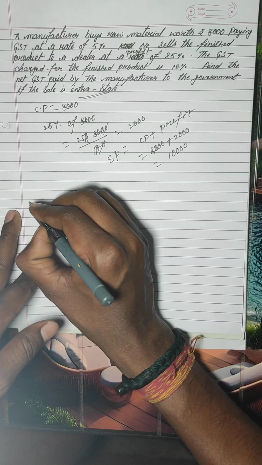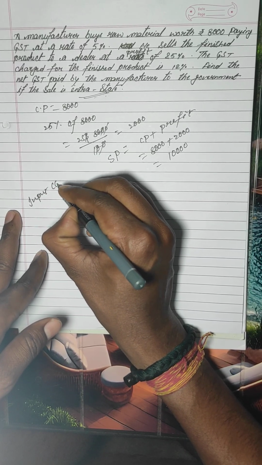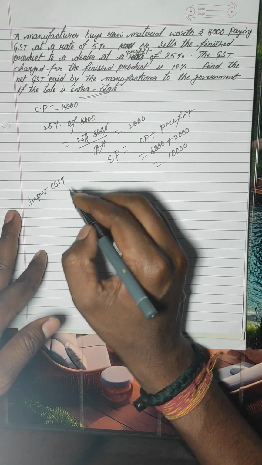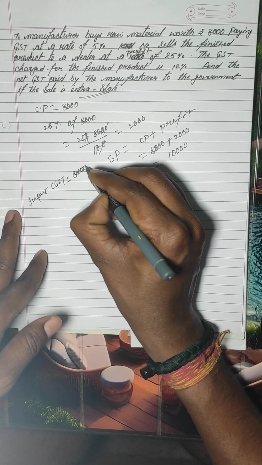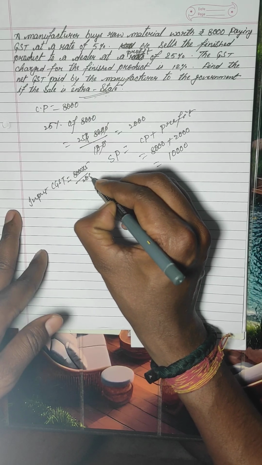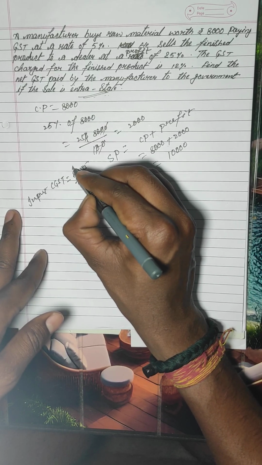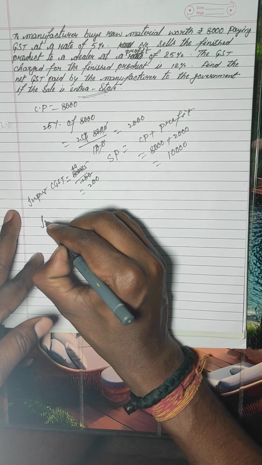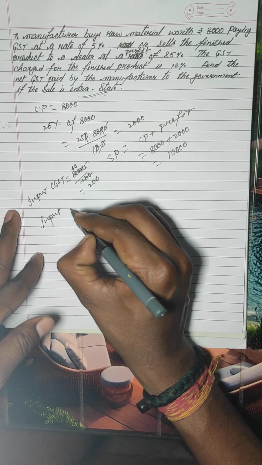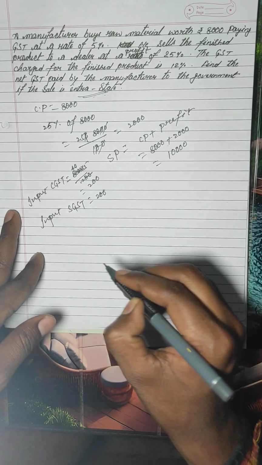So you can write input CGST is equal to 8,000 into 5 by 200. This is the formula, you can cancel out, so 200, and input SGST will also be equal to 200 rupees.